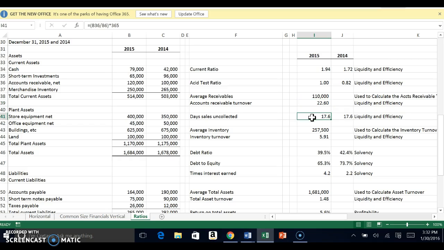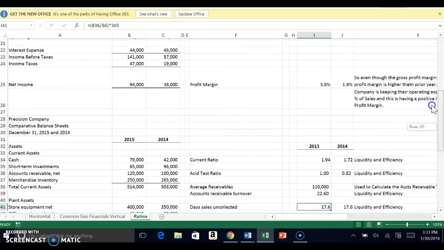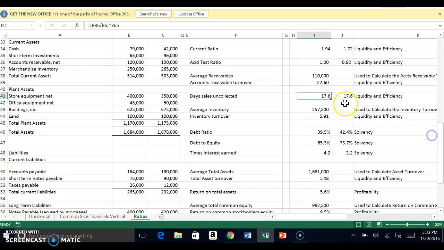And then I can do my days uncollected by taking my accounts receivable balance, dividing it into my sales, and then multiplying that by 365 days.